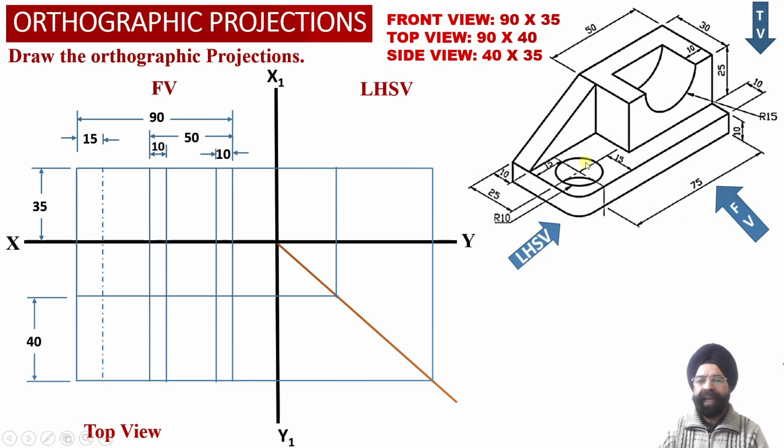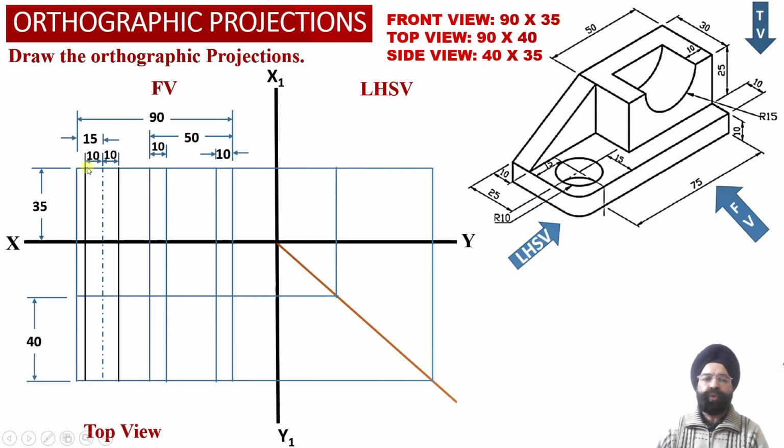And now we know that the diameter of this circular hole in the horizontal web happens to be 20 millimeter, or the radius of this hole is equal to 10 millimeter. So with this center point, we have to take an offset of 10 millimeter on the left side and 10 millimeter on the right hand side, so that the radius will be equal to 10 millimeter, or the diameter of the circular hole will be equal to 20 millimeter.